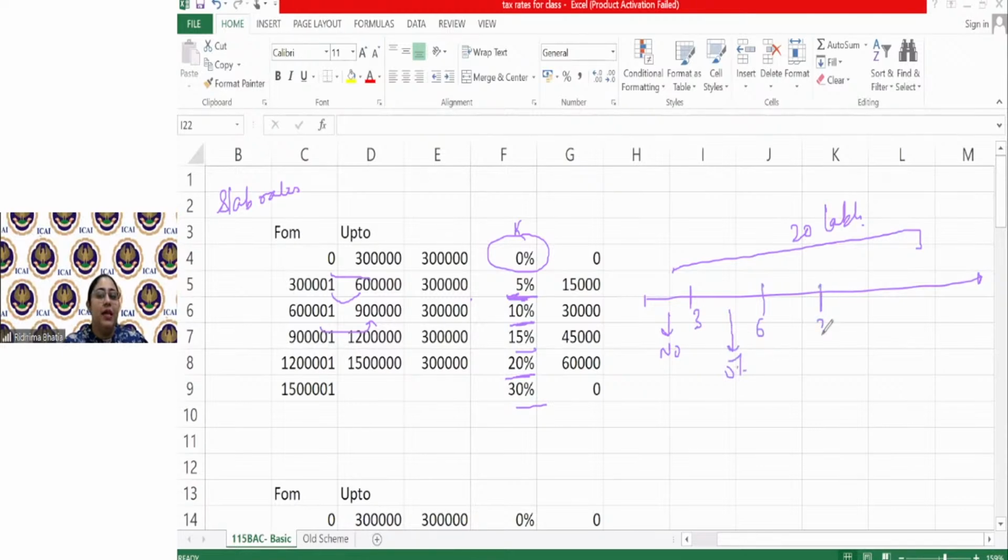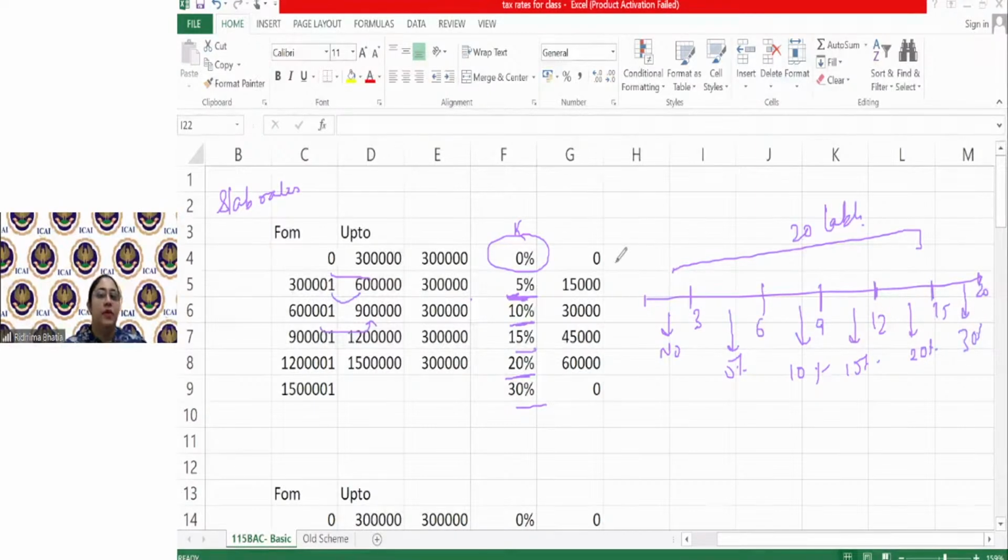Then from 6 lakhs to 9 lakh, for the next 3 lakhs, there would be tax of 10%. For 9 lakh to 12 lakh, the tax would be 15%. From 12 lakh to 15 lakhs, the taxes would be at 20%. And above 15 lakh, the taxes would be at 30%.